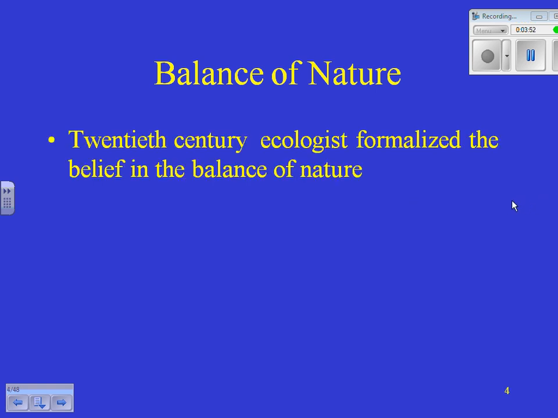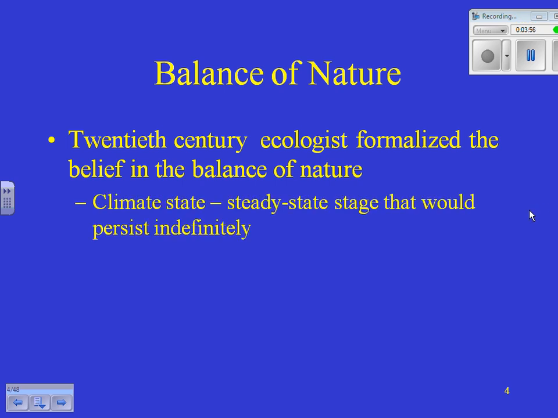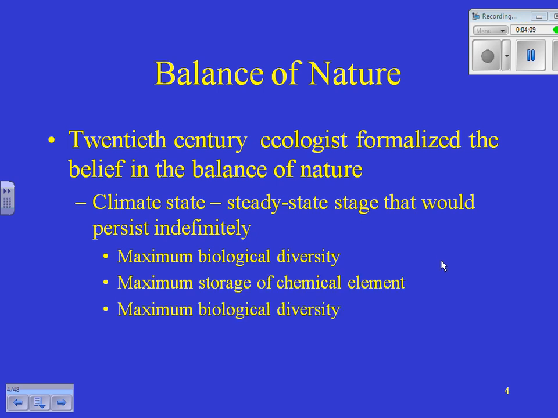In the 20th century, ecologists formalized the belief in the balance of nature as a climax state, a steady state that would persist indefinitely, that had maximum biological diversity and storage of chemical elements.